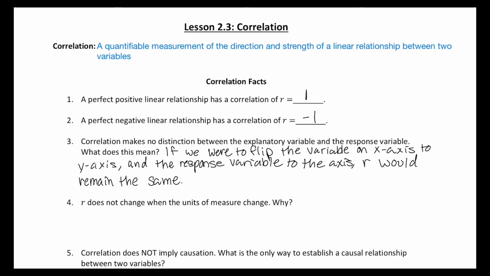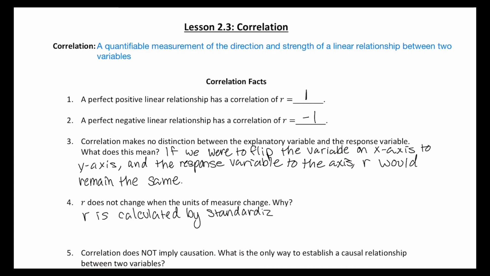Also, correlation R does not change with units of measure. And this is because that correlation R is calculated by standardizing the two variables, so kind of like a z-score.